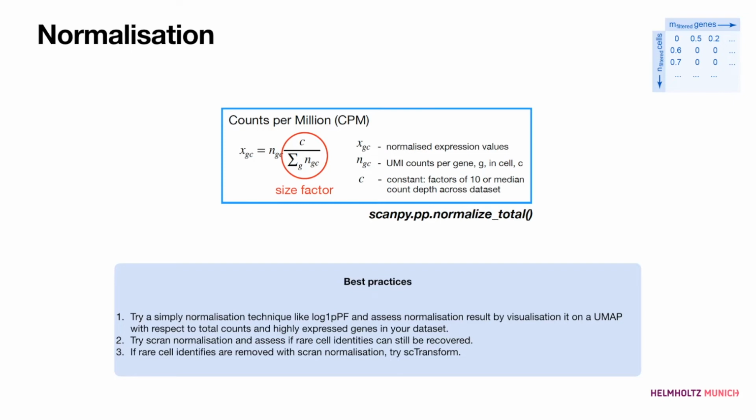It also takes a bit longer to run, but if you want to have clean data, maybe that's something you should consider. There are also other ways, like SCTransform, that you could try, especially if you have many rare cell types in your data that are not recovered when using the scran normalization.